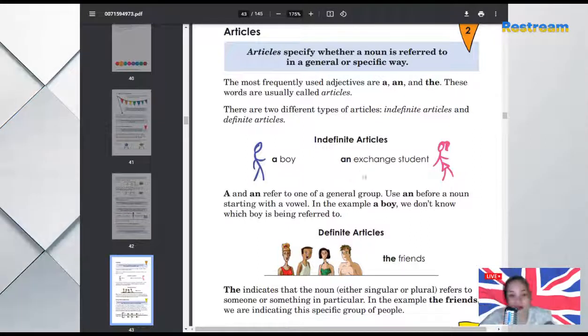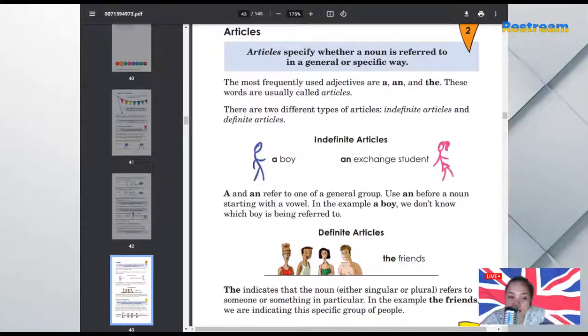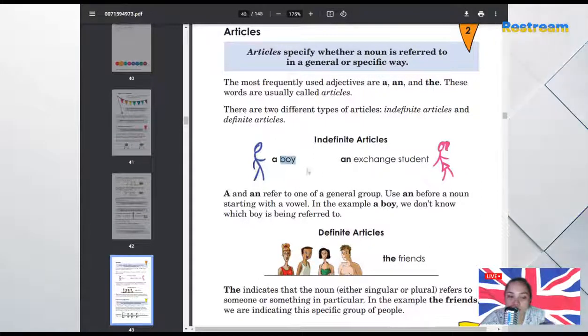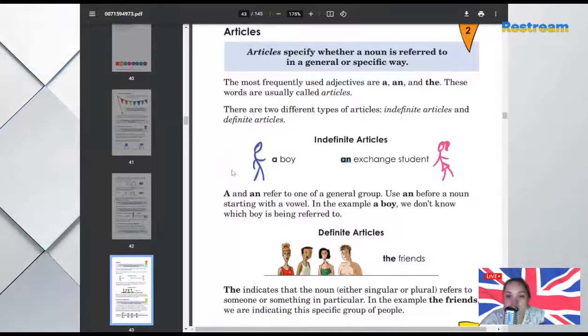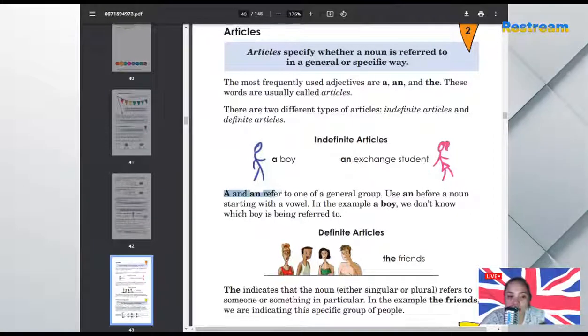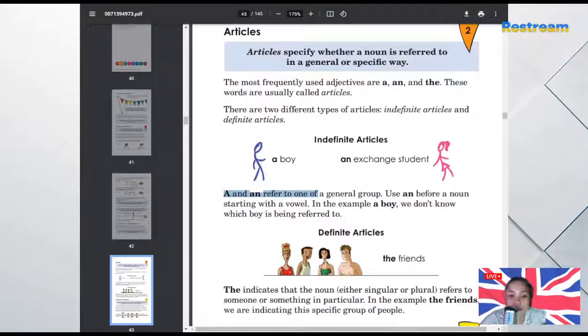A is used before consonants, like a boy, while an is used before words that start with a vowel. A and an refer to one of a general group.